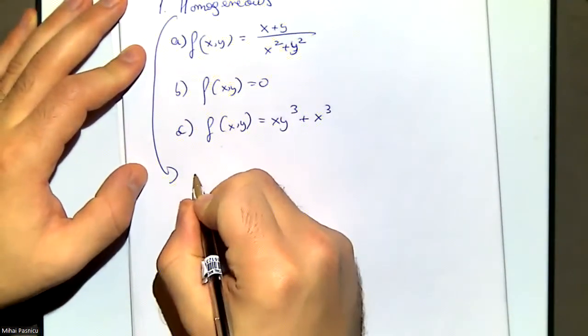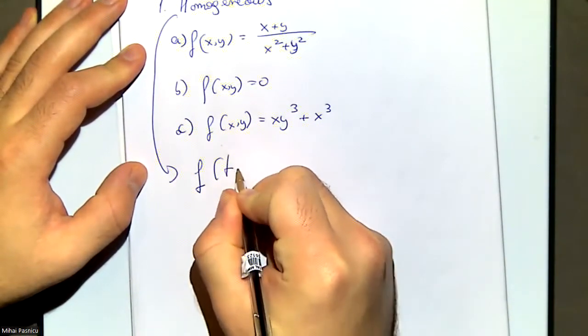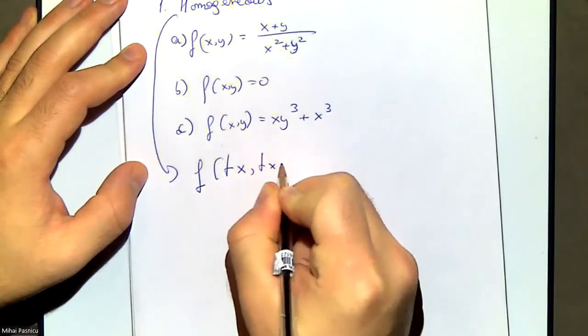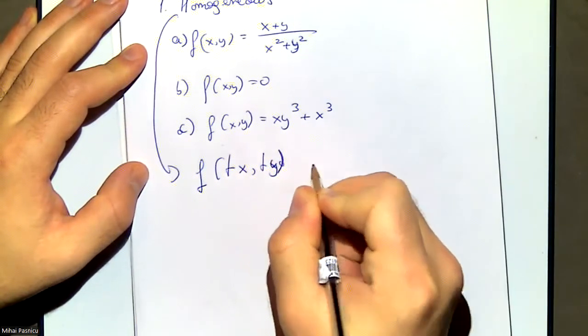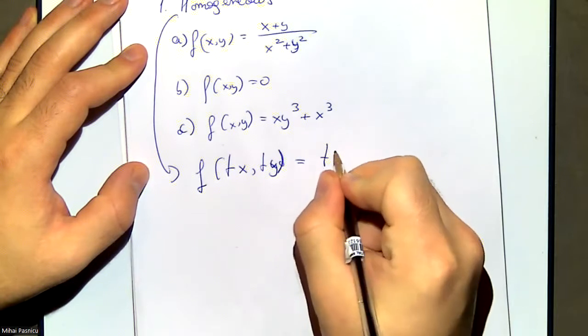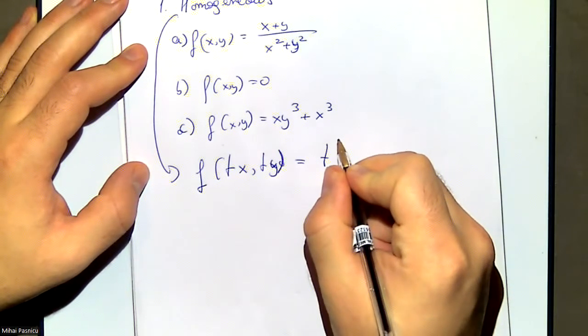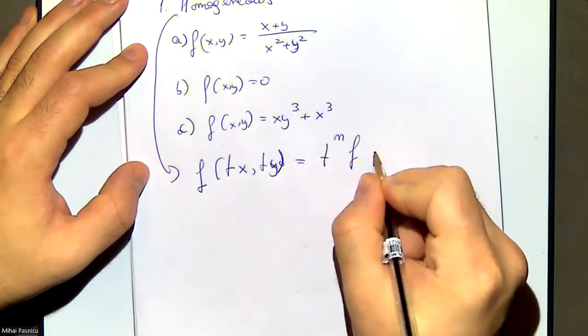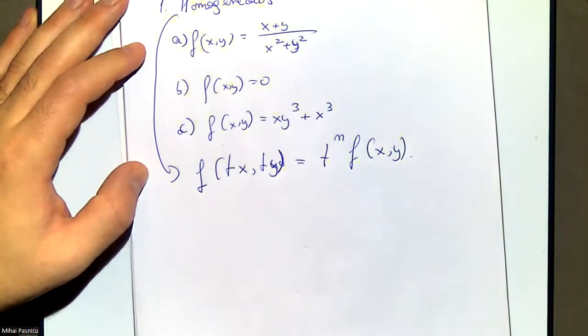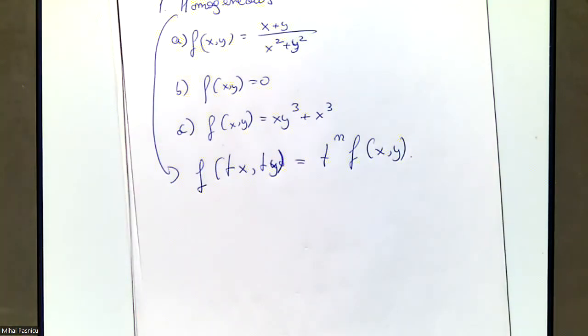It just means that if you apply the function to t of x, t of y, you just get proportionally more stuff. Well, this is what homogeneous means. You can think about it as I have a cheese factory, I need milk and people. If I just double all the inputs, I'm going to get twice as much cheese.